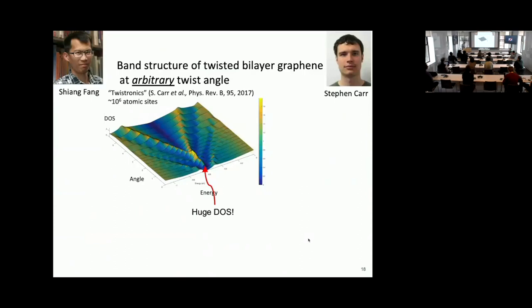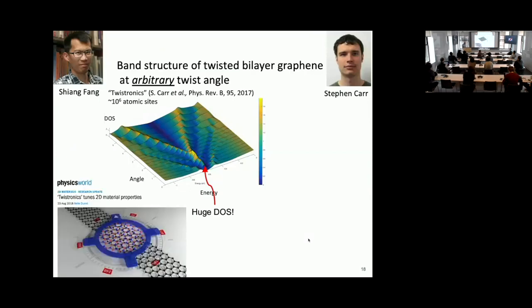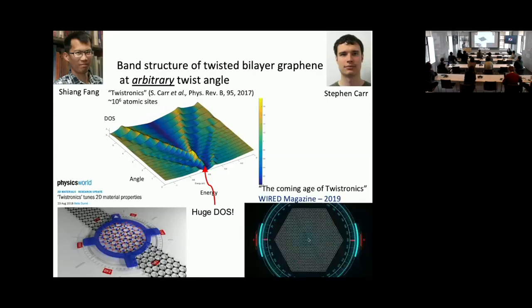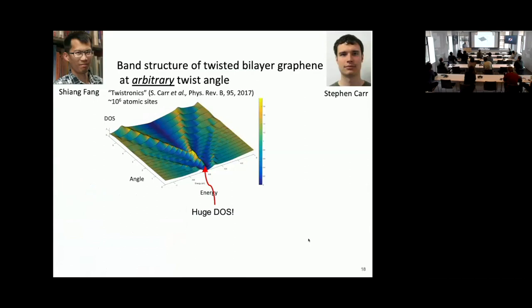Nowadays, I guess even Physical Review is getting a little bit more lenient, and they accepted that. That's right. And then some of the popular press picked that up. Physics World here, "Twistronics tunes 2D materials properties," and Wired magazine, "The coming age of twistronics." So that was quite fun to see.